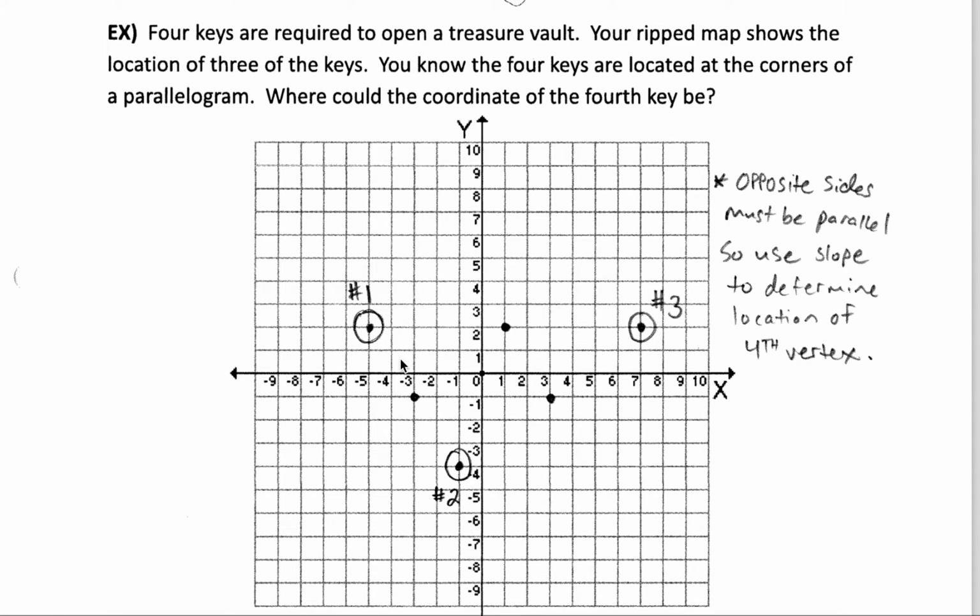So for example, if I want to try and find a fourth corner here for this parallelogram, I know that this side has to be parallel to this side, so the slope between these 2 points must match the slope between these 2 points. So to get from this point to this point, if I go left 2 and up 3, I can just copy that over here, left 2, up 3, and there is one possible vertex of our parallelogram. It's not the only option though.